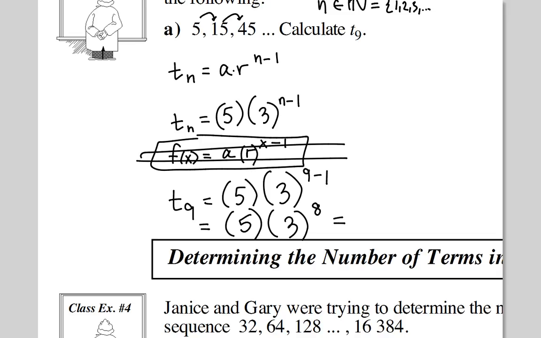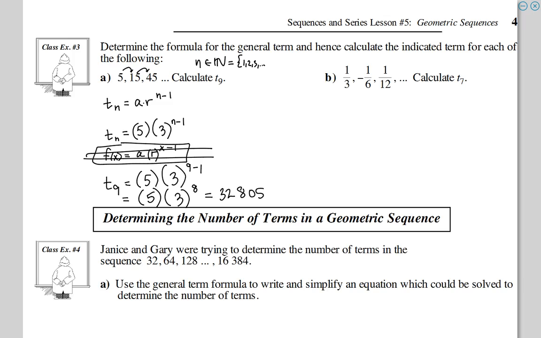Somebody help. Fine, I'll do it myself. Oh, very large. 32,805? Brilliance. Okay.